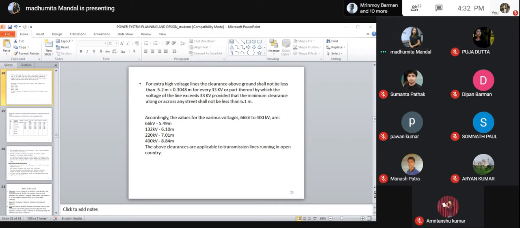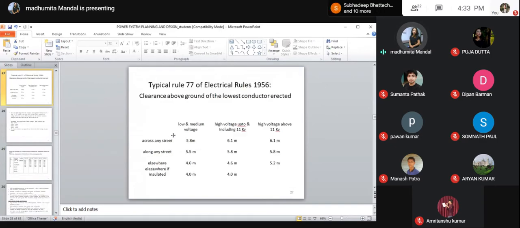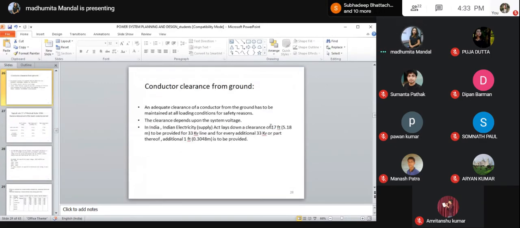That means the total clearance H4 will be 5.18 plus 6 into 0.3048. So that will be what is given here, 7.01 meter. So if you calculate, you will get 7.01 meter. And another process is, we can take it in feet instead of meters. In feet, it says 17 and 1 foot increment.